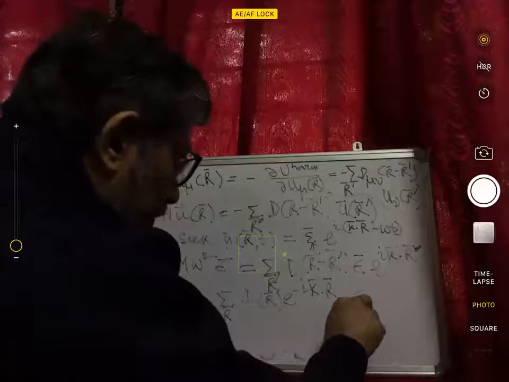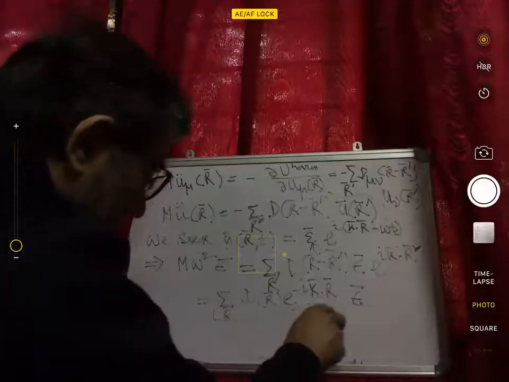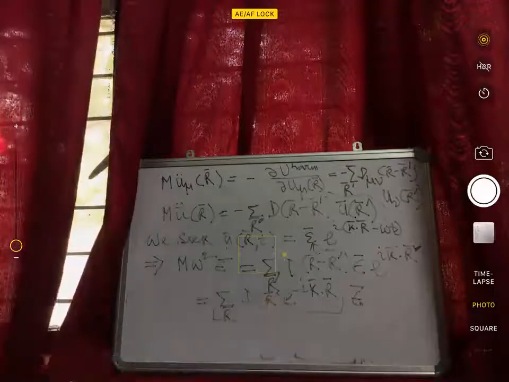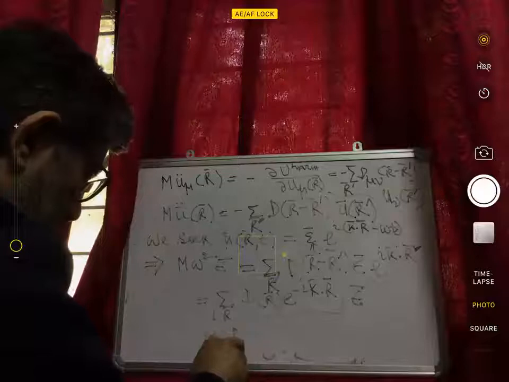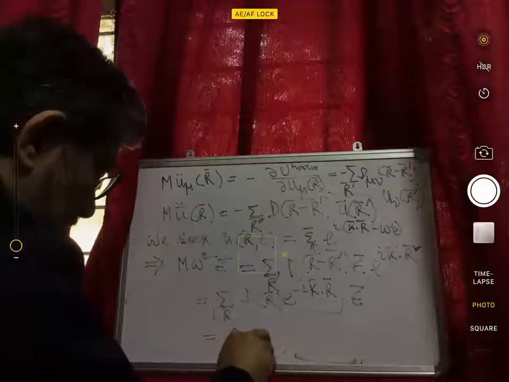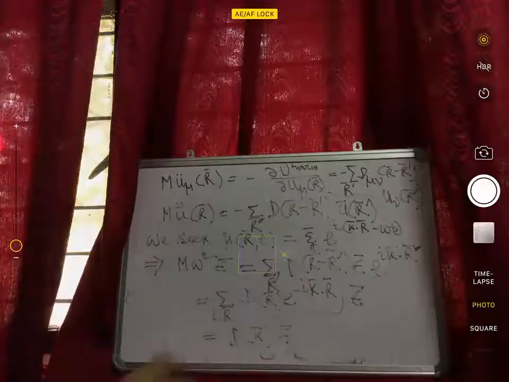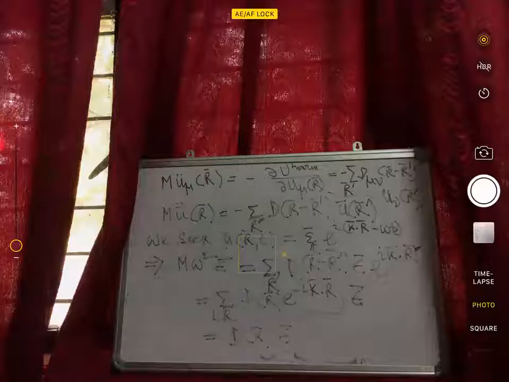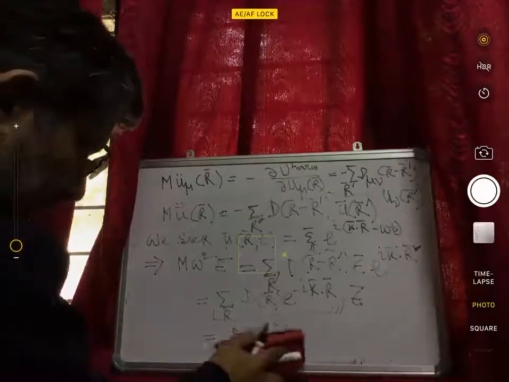Now this quantity, which is like the Fourier transform of D of R, is denoted as D of K. So what have we got here? We have got an eigenvalue equation for D of K.